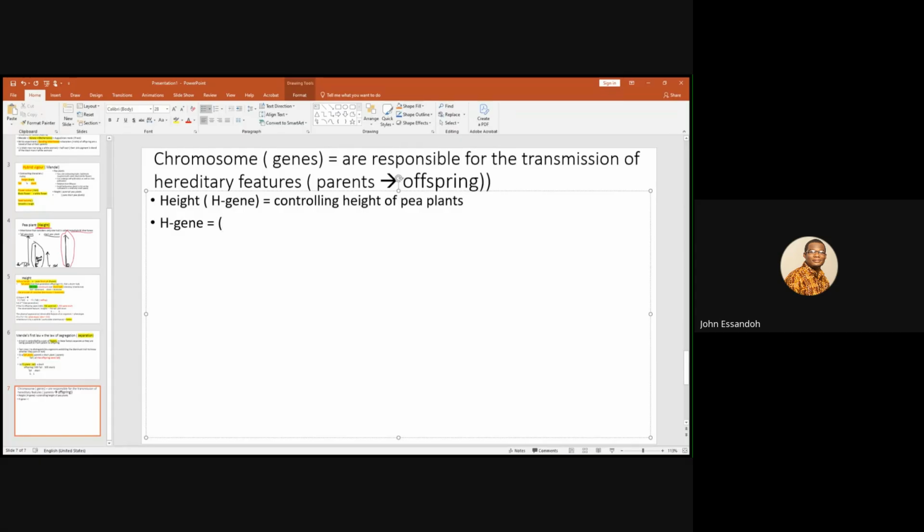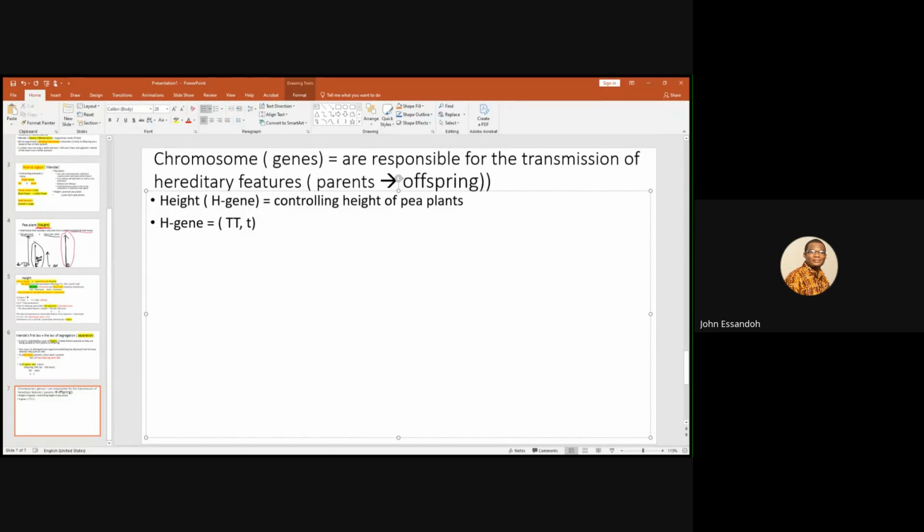In the population, some are tall, which is capital T, others are short, which is small t. Remember, it has to do with height. Tall deals with height, so this is the tall one.